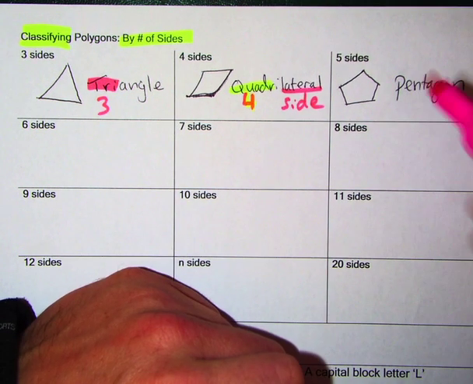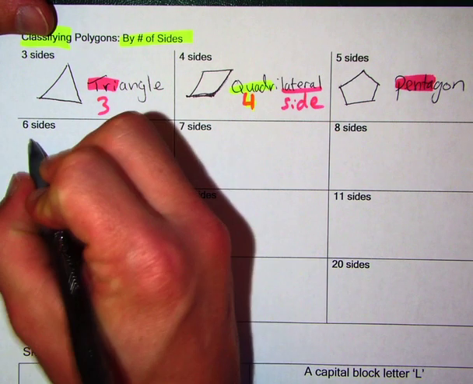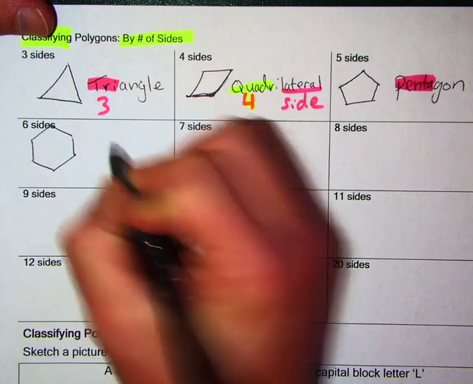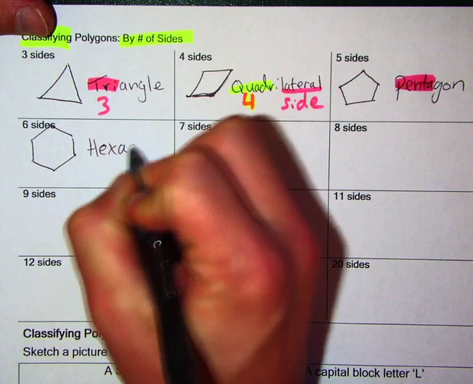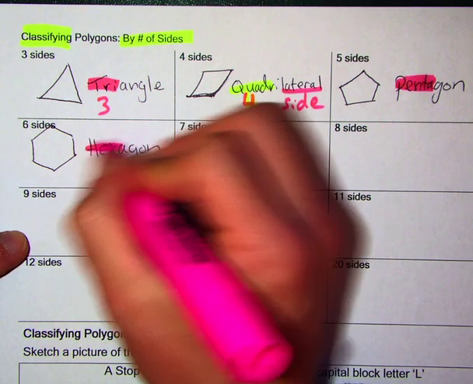Prefix penta for 5. 6 sides hexagon. And these prefixes are very, very helpful.